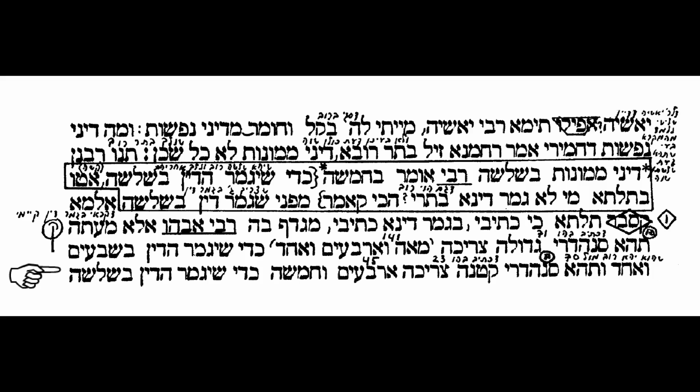141. Utehei Sanhedrin Ktana Tzricha Arboim V'Chamisha. The Sanhedrin Ktana, which we saw from the Psukim, we got to 23. We saw 2 times Ada plus the idea of having an uneven Beis Din and an allowance for a majority of 2, getting me up to 23.